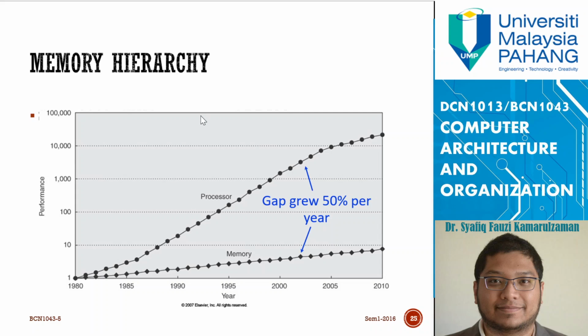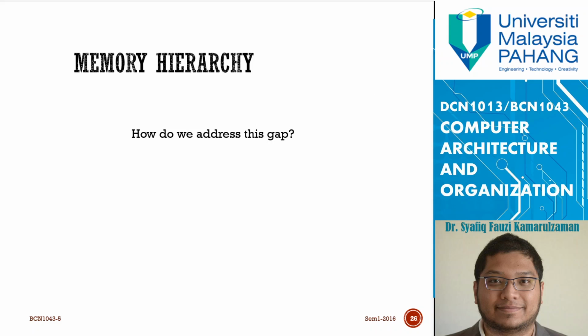So how do you compensate for the performance difference between the processor and memory? We compensate by using different kinds of technology for different kinds of purpose. So how do you address this gap? By utilizing the memory hierarchy.